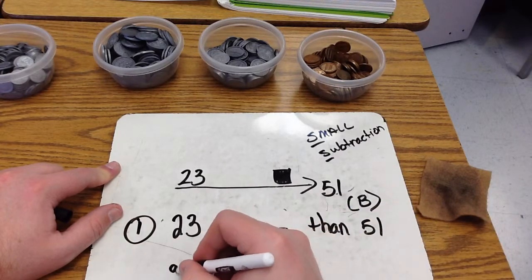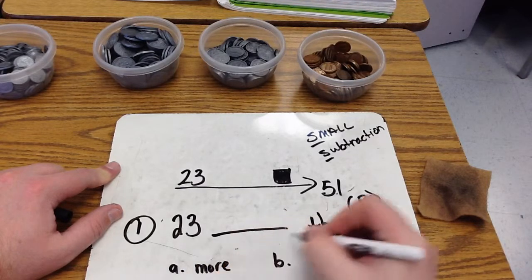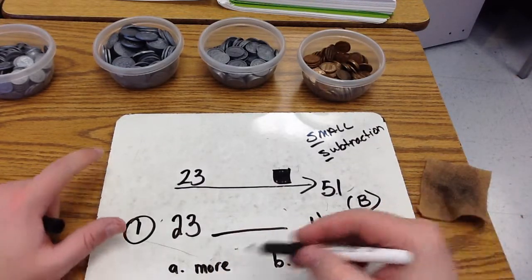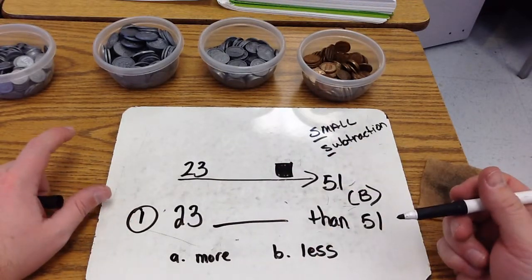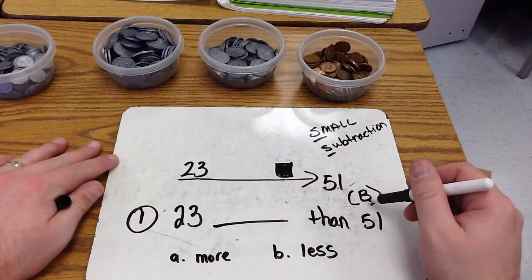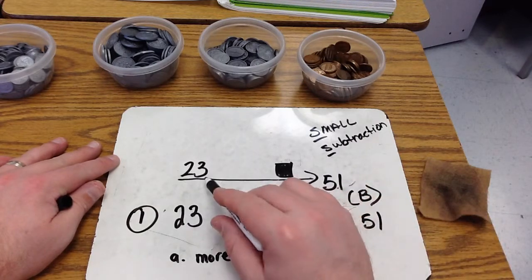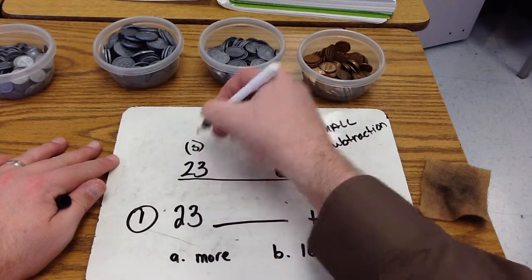And then down here, let's say I have two choices, more or less. I want to put one of these words into this missing blank, but which word's going to fit? Well, I have to figure out what my numbers are. We already said the number over here, we put a big B here, that's 51. So which means that this 23 has to be a small number.